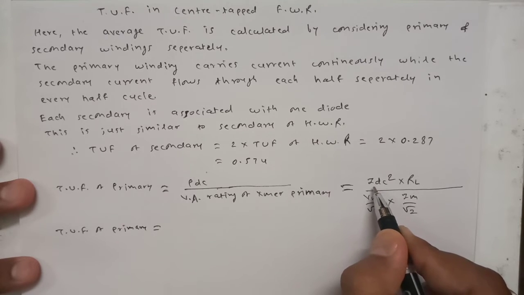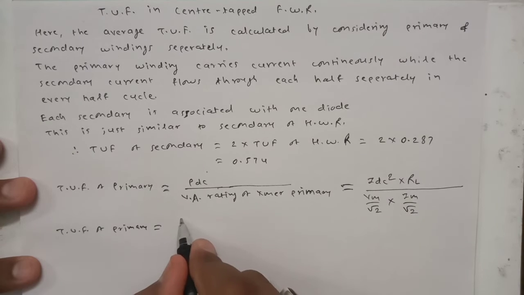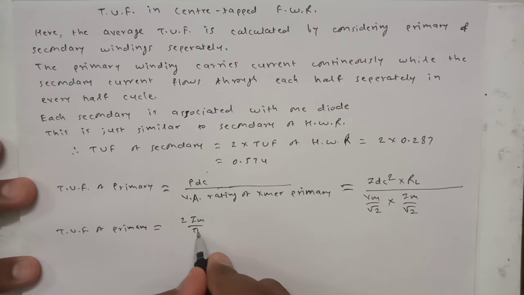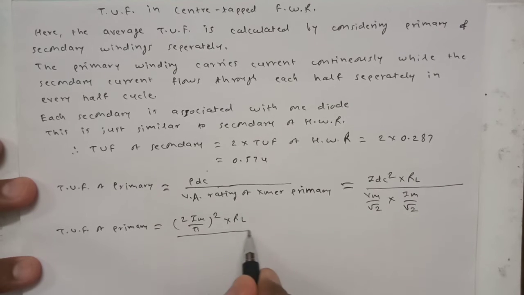And if you remember, in full wave rectifier, IDC is equal to twice Im by pi. So I am writing here twice Im by pi. Now it's a square, that's why it is in brackets and squared, multiplied by resistance RL. Okay.